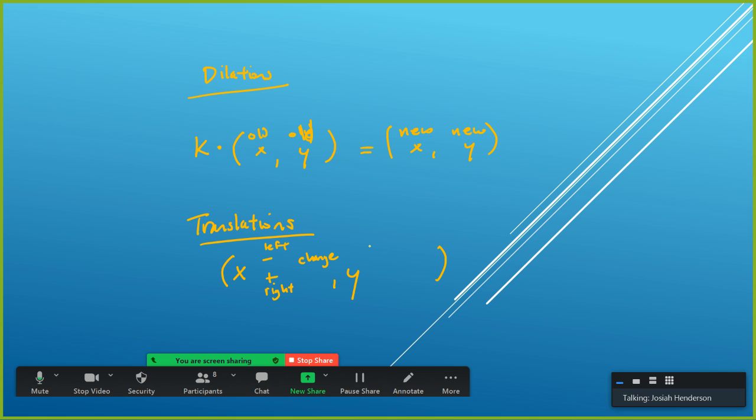And then for y, a down means minus, or up means plus the change number.